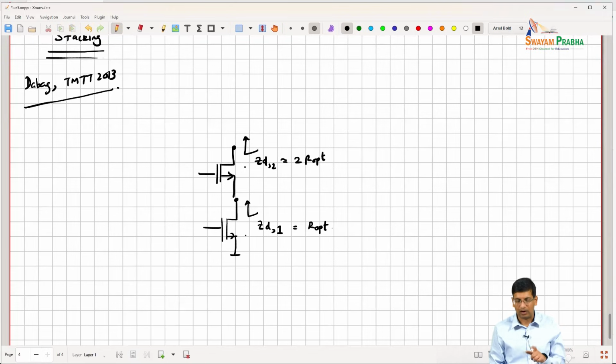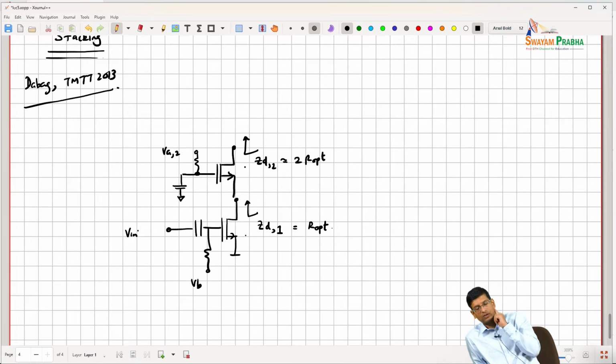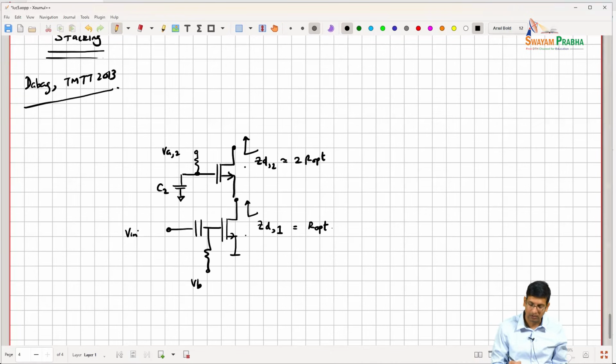So unlike cascode, I don't AC ground this node. I apply some capacitance over here. So this is of course my input node. I bias this node as well, and I have a capacitance here, C2, right?